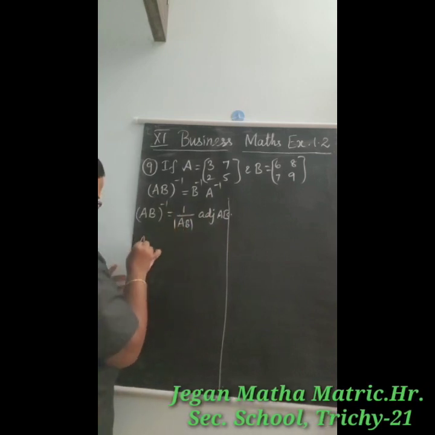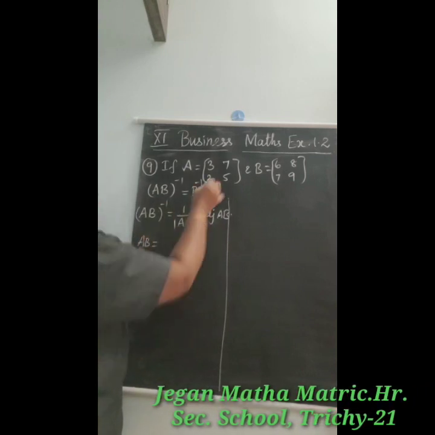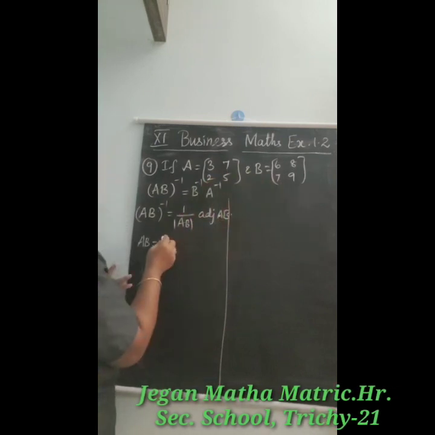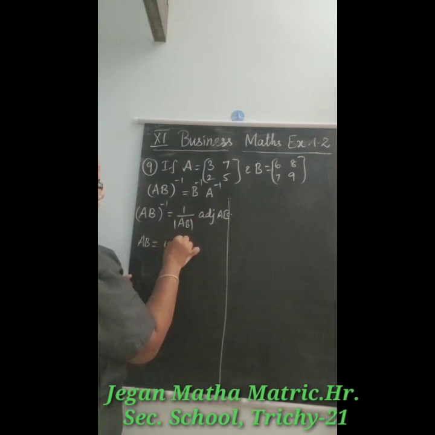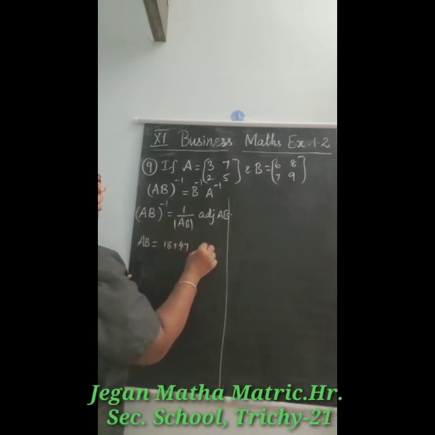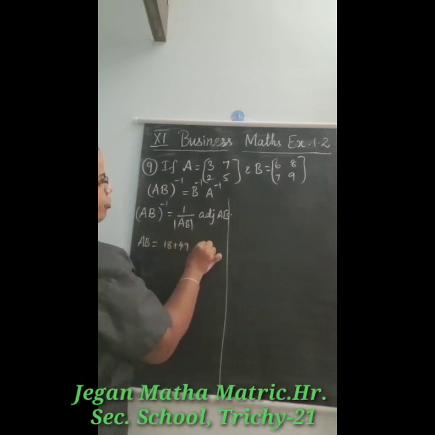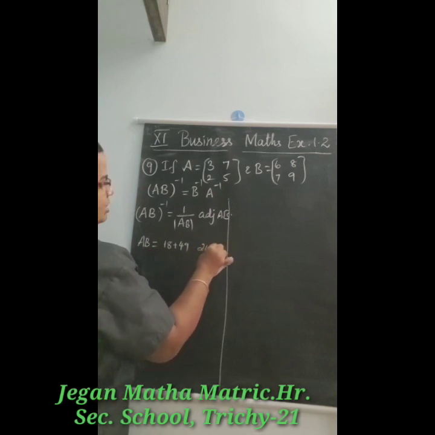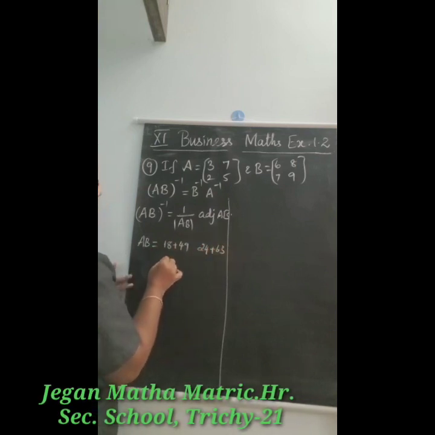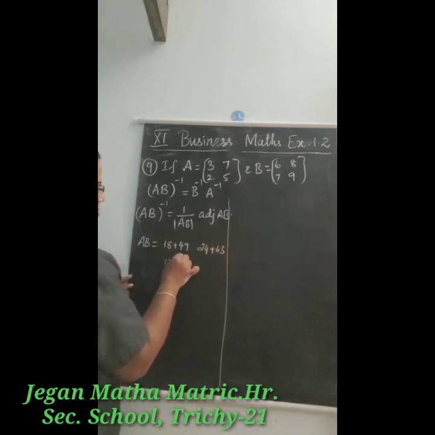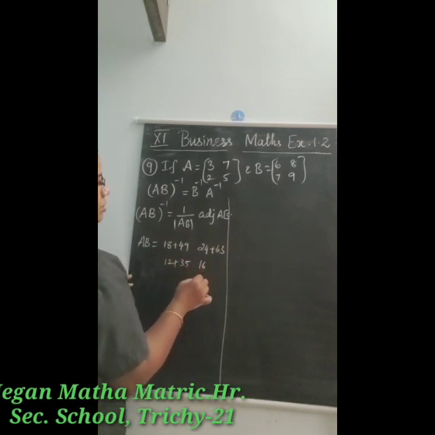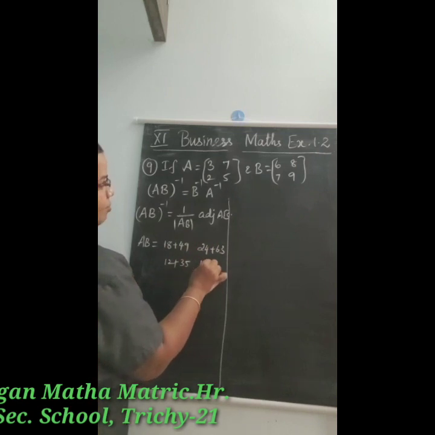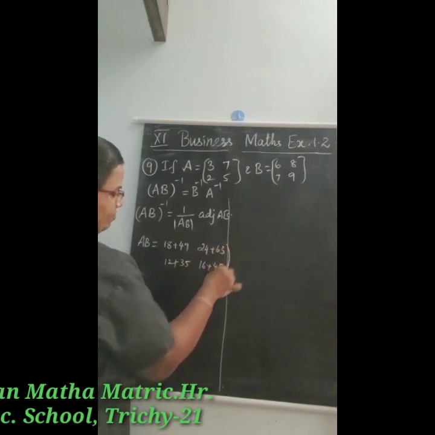First AB. AB is equal to, we have to multiply these two and we will get 3, 6 threes are 18 plus 49, and 8 threes are 24 plus 63, and 6 twos are 12 plus 35, 8 twos are 16 plus 9 fives of 45.